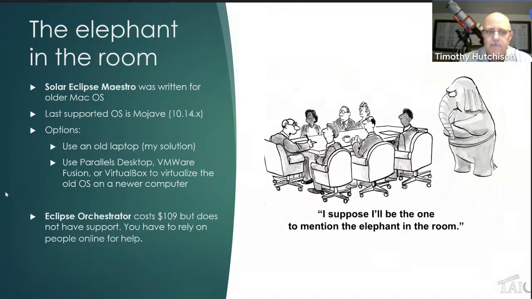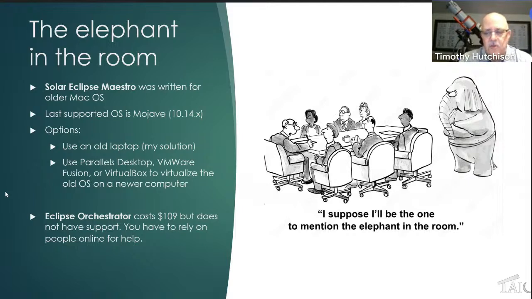So what the heck do you do? Well, what I chose to do is go into my closet and find one of my old computers that I wasn't using anymore that still had an older operating system on it, Mojave, which is 10.14. And I just did a new setup on that machine, and that's what I'm using.